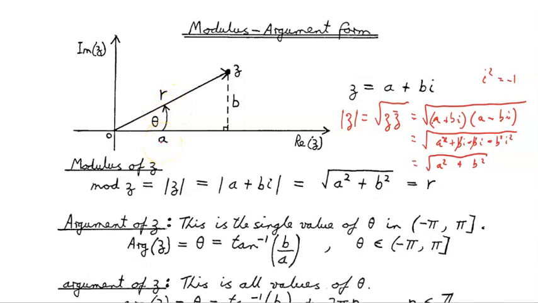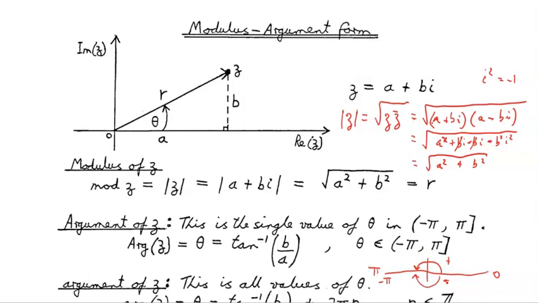If we're measuring in the counterclockwise direction, that's 0 to pi, the positive direction. But if we were measuring in the negative direction, then we go from 0 to minus pi.